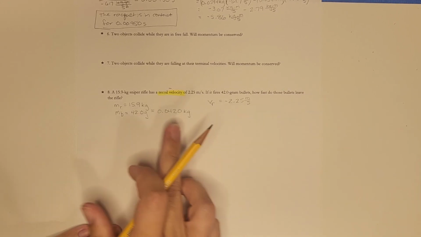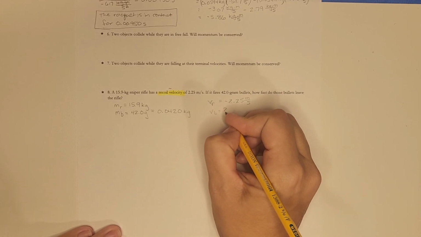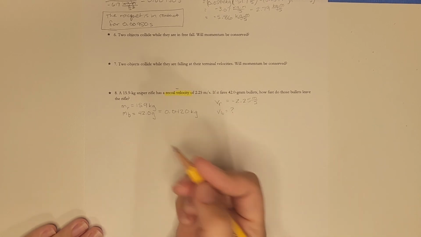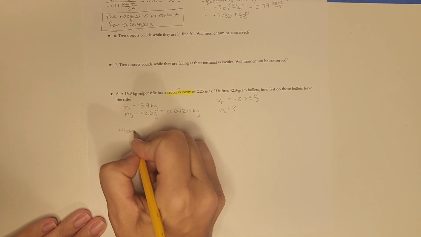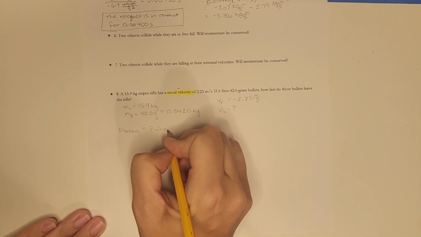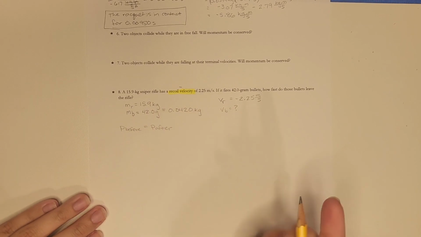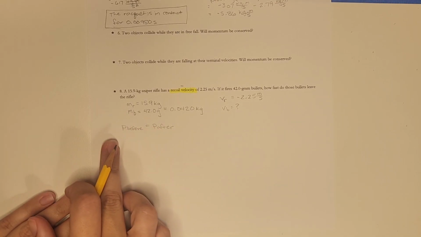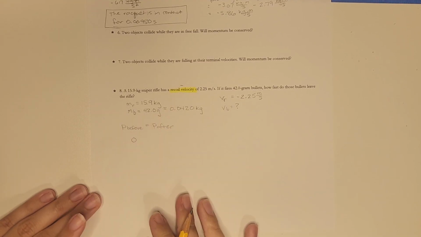What we need to find out is what the velocity of the bullets is, right? So let's use this equation, P before equals P after. So our momentum before and our momentum after. Our momentum before is 0 because there is no velocity. Before this rifle is fired, nothing is moving.